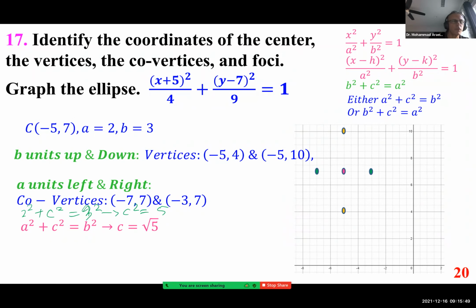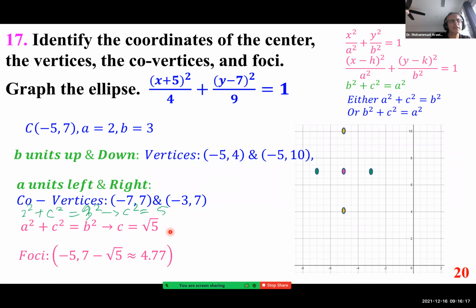Now, it's important for everybody to understand, again, we are talking about elongated along the y-axis. So those are the vertices, and therefore the foci are also along that. So you look at the center with the coordinates that you have, you calculated the value of C, you go up and down by C units, up and down by C units.